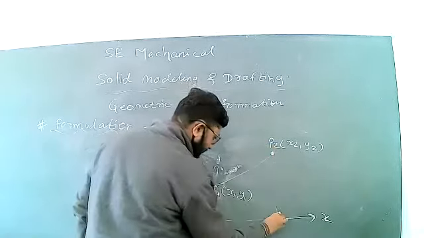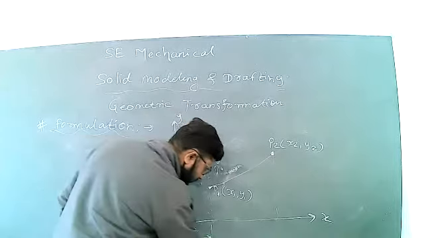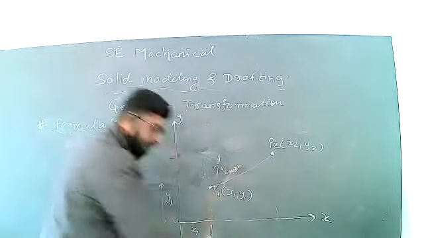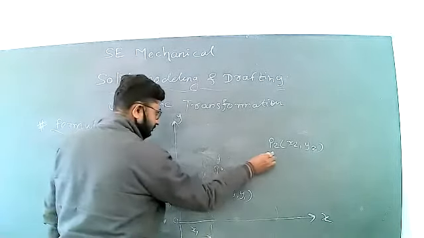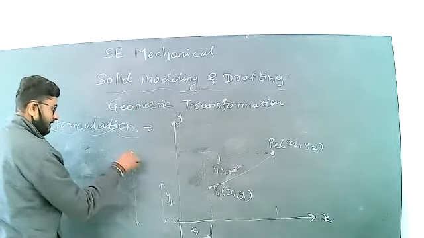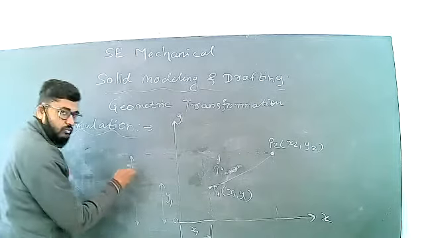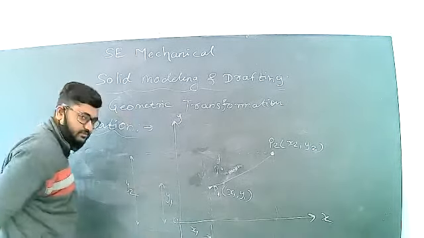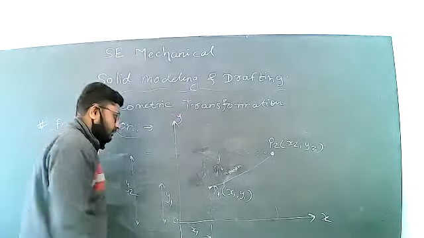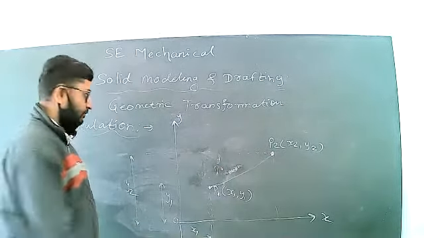And for point P2, the horizontal distance from the y-axis is x2, and the vertical distance between the x-axis and point P2 is y2.